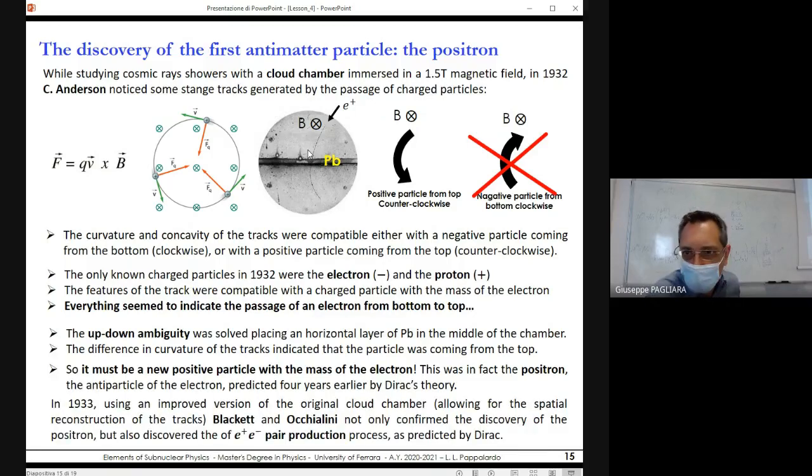And the following year, 1933, using an improved version of the original cloud chamber, Blackett and Occhialini, in a different experiment, not only confirmed the discovery of the positron, but also discovered the e+ e- pair production process, which was also predicted by Dirac in 1928. So now the theory has a solid experimental endorsement.